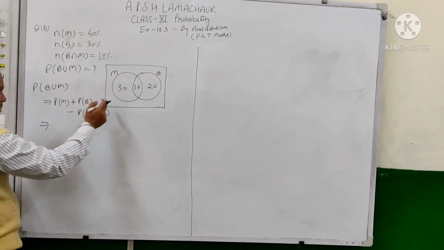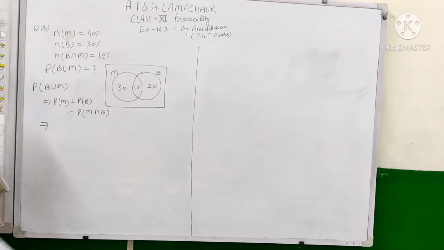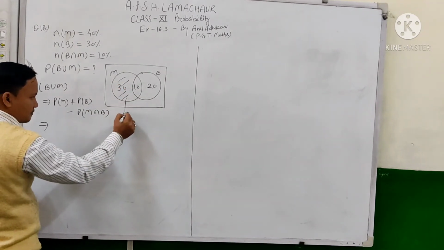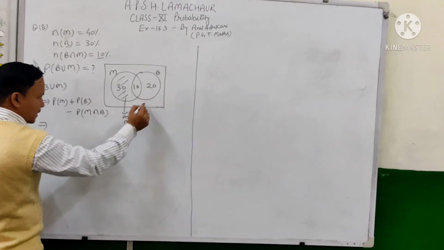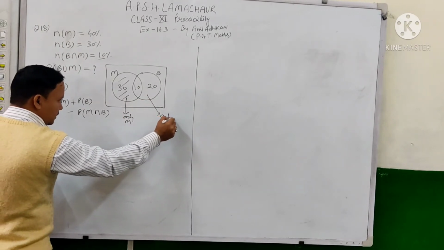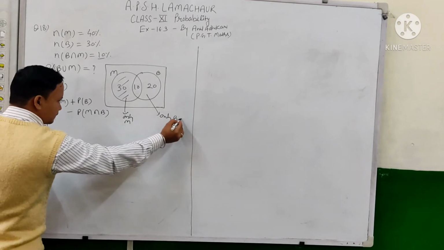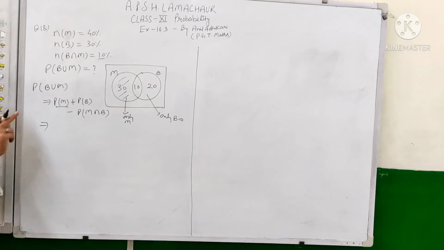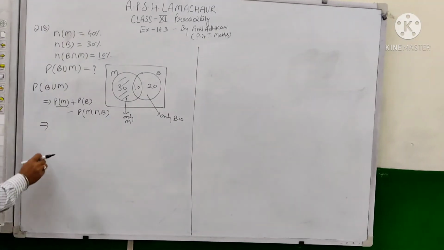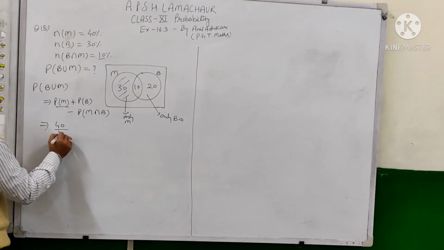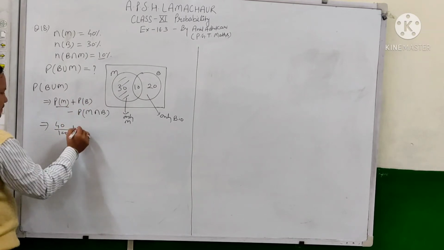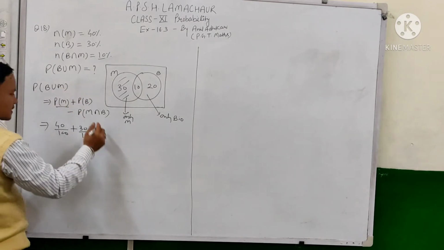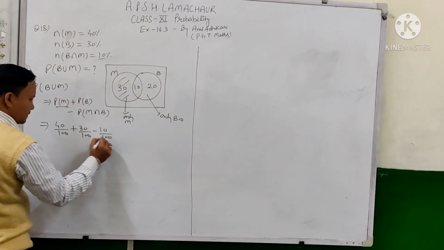Now mathematics के कितने हैं यहाँ पे, you can check 40 है ना. ये this amount is only mathematics and this is only biology. ठीक है. So now we will write probability of the student having mathematics as a subject is 40%, so it will be 40 upon 100 plus P of B 30%, 30 upon 100 minus P of M intersection B. So M intersection B is given as 10%.